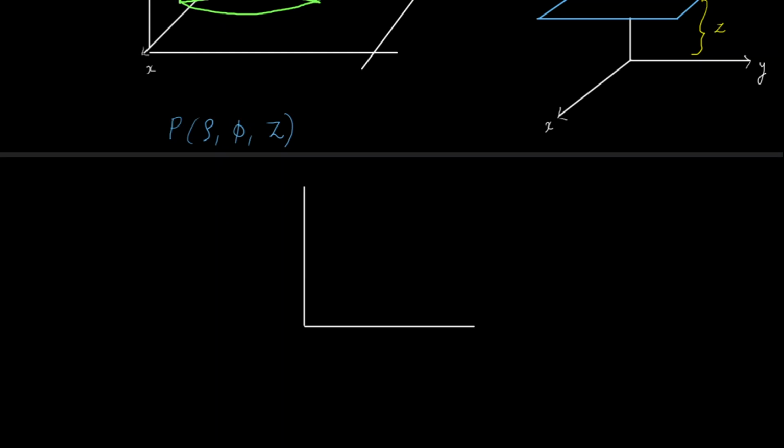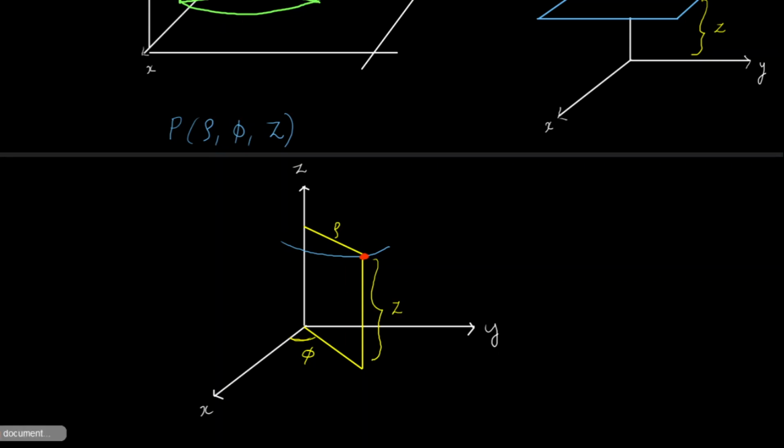So, I can easily locate it hereafter by drawing it on a reference xyz coordinate system with a half plane, with the surface of the cylinder, measuring the radius of the cylinder rho, angle made by half plane with respect to xz plane or x axis, and what is its height from xy plane.